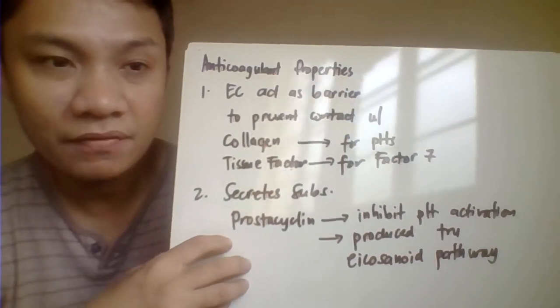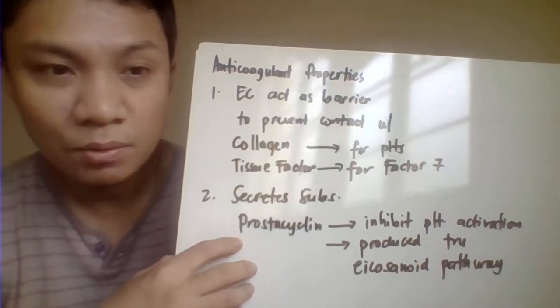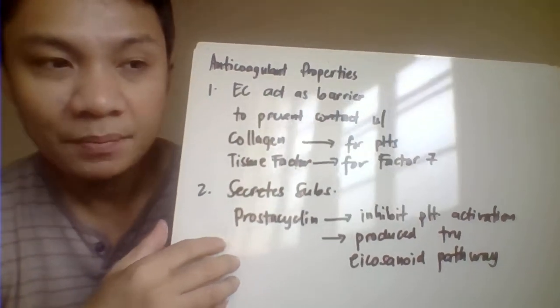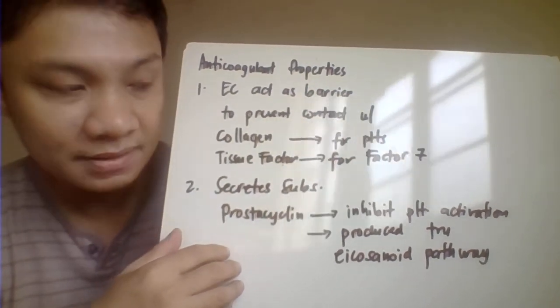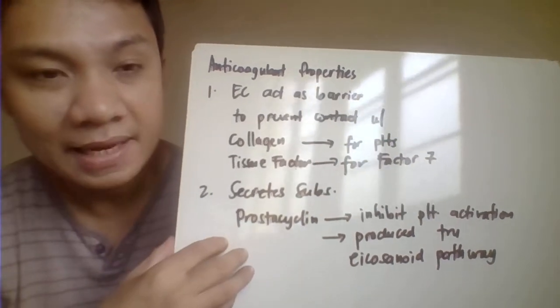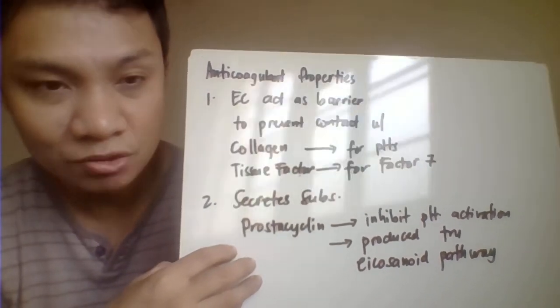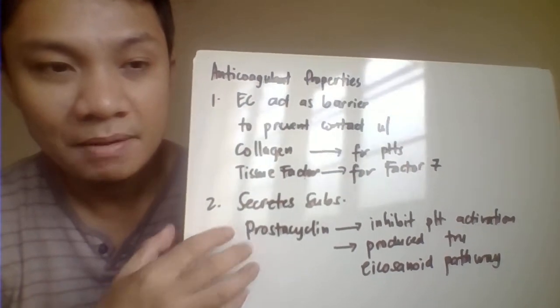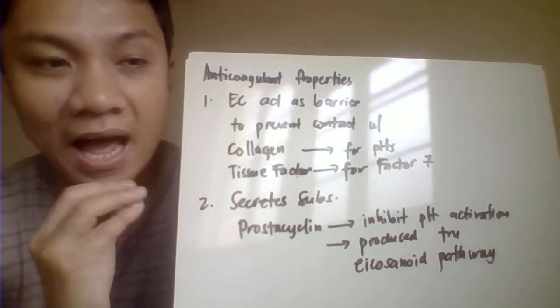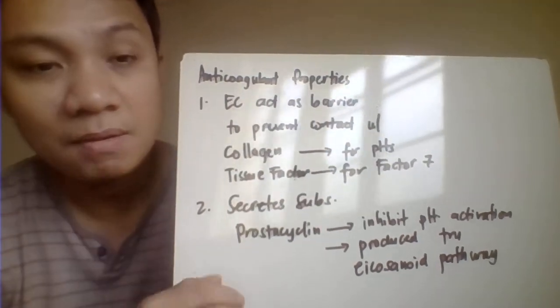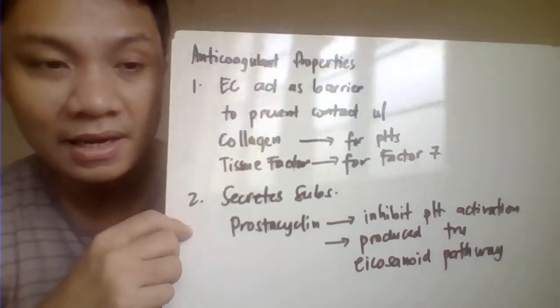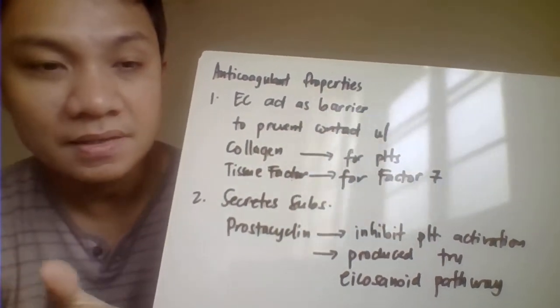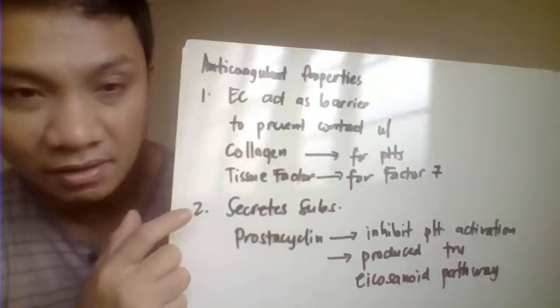Prostacyclin is a product of your icosanoid pathway produced by the enzyme prostacyclin synthase. And this prostacyclin inhibits the platelet activation. So pag sinabi inhibit the platelet activation, okay, pag present ito, it will not activate the platelet. Pag hindi na-activate ang platelet, hindi magkakaroon ng clotting process. Pag walang clotting process, that's anticoagulant.